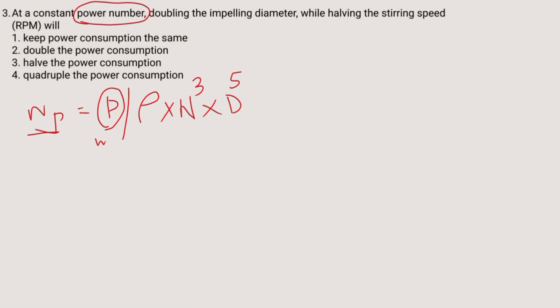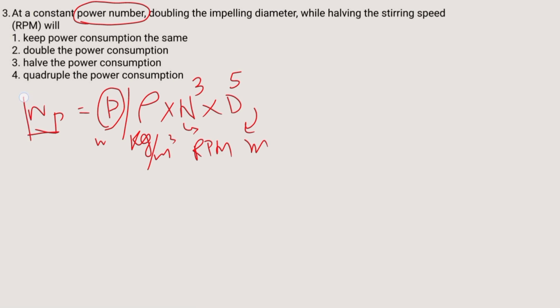Density means its unit is kg per meter cube, weight by volume, and N is the RPM, the tip speed, and D, the diameter, is in meter. Now, depending on the question, it is saying doubling the impeller diameter.